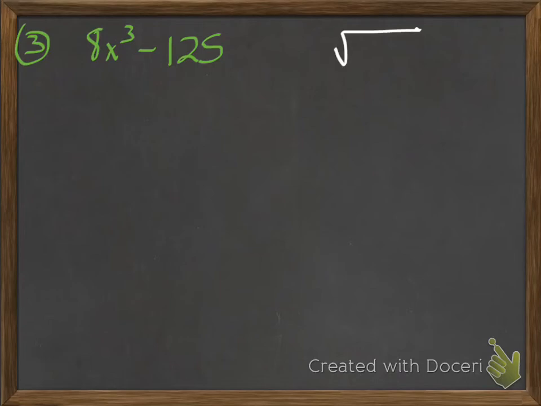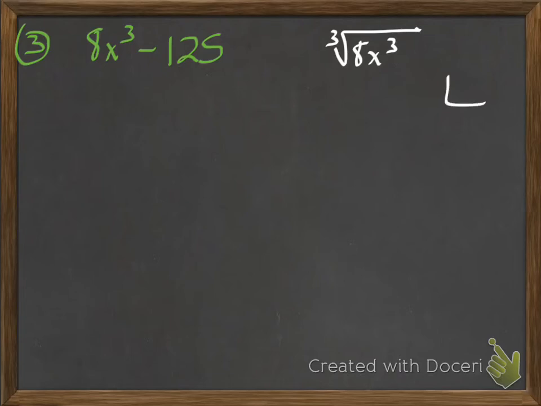And so let's just do another one just so we can remember how to do that. Okay, so if I have 8x cubed minus 125. You cube root 8x cubed.